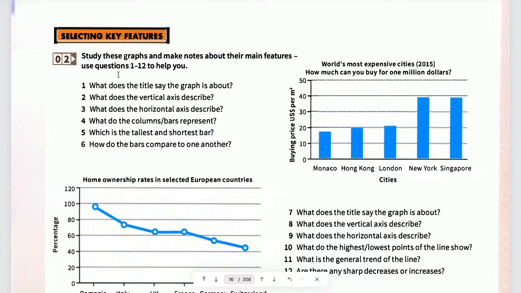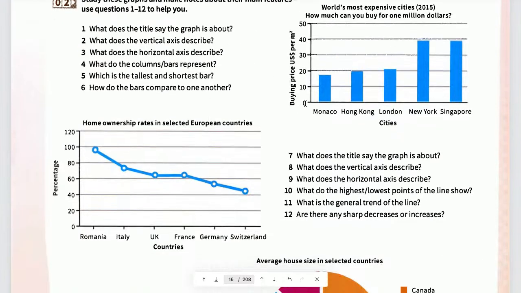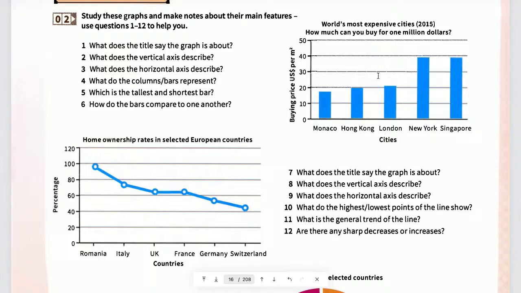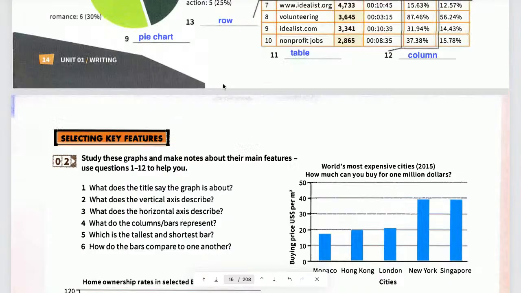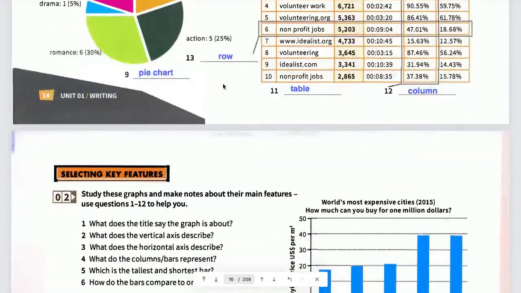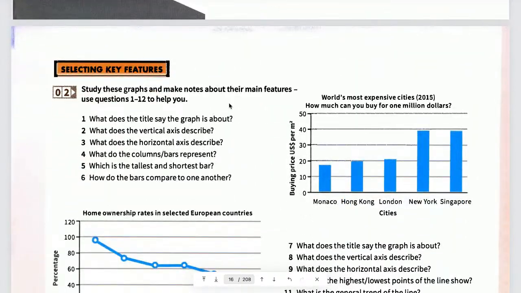Exercise 2, study these graphs and make notes about their main features. Use questions 1 to 12 to help you. So 1 to 6, we need to look at the chart on the right side, right? What does the title say the graph is about? First of all, tell me, where is the title?